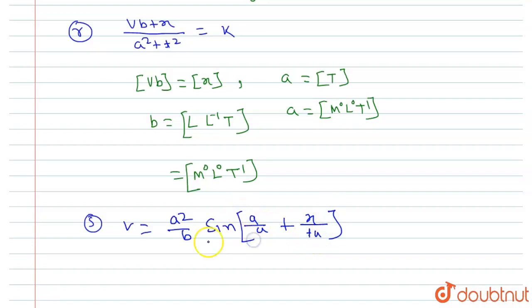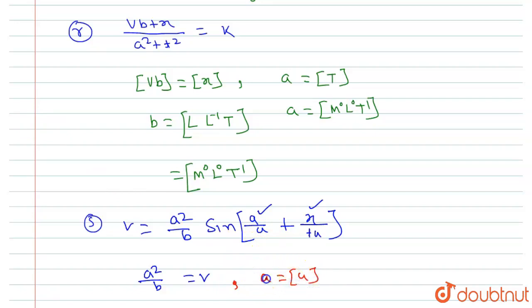So from here we can see that the dimension of A square divided by B should be equal to the dimension of V. The dimension of this part and the dimension of this part should be the same, and this should also be equal to a constant. From the angle part we can see that the dimension of A should be equal to the dimension of U. Clear?